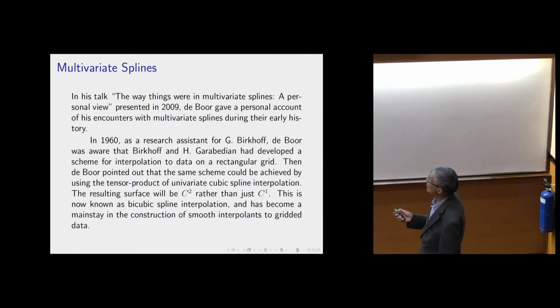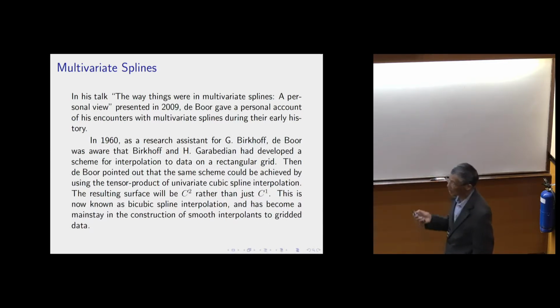Now, here de Boor mentioned how he found a good way to do tensor product interpolation with univariate cubic splines.